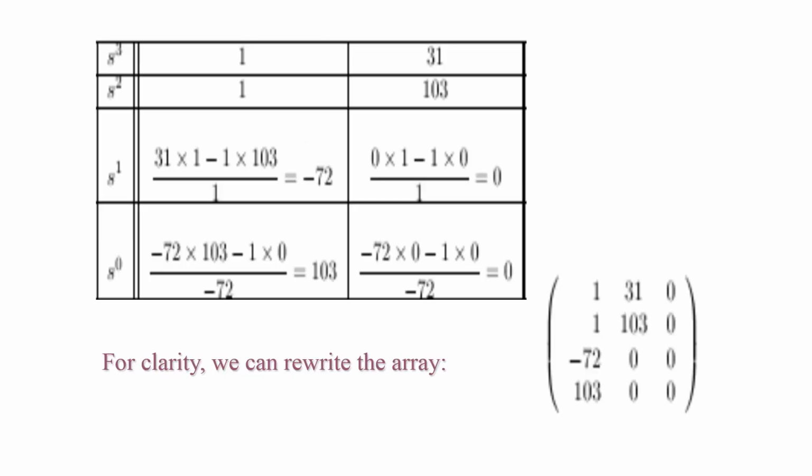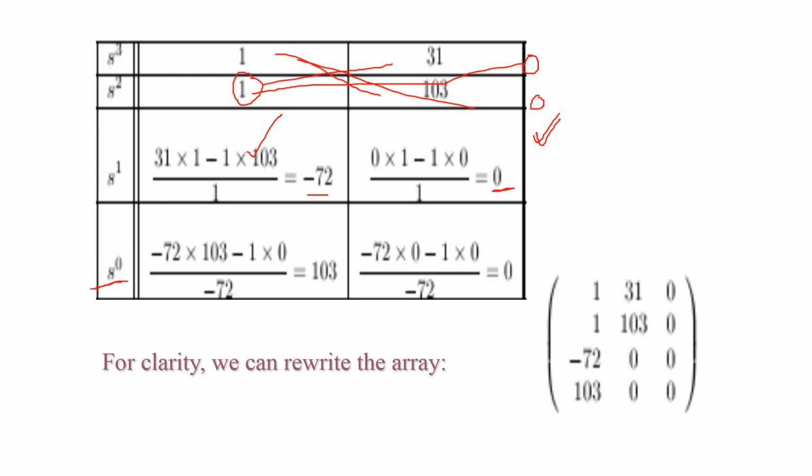This is the completed RH table. Here, for s power 1, it is 1 into 31 minus 1 into 103 by 1, and that value is minus 72. Similarly, 1 into 0 minus 1 into 0 by 1 is 0.